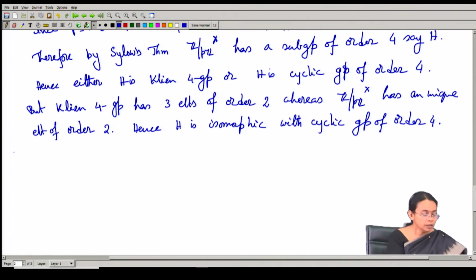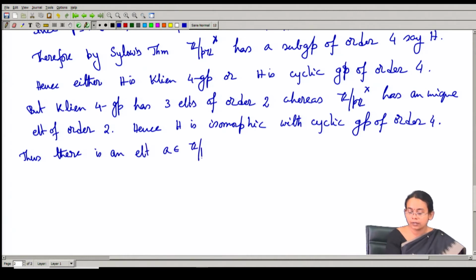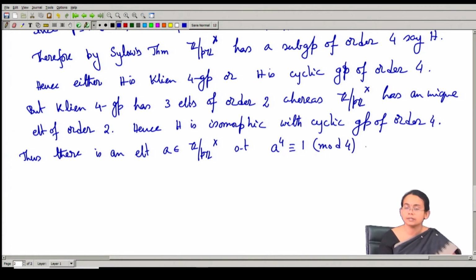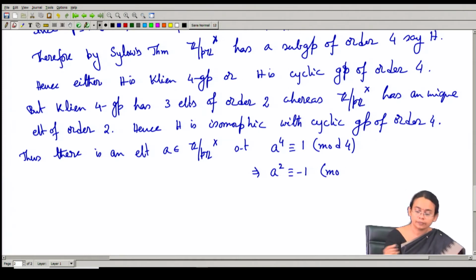Thus there is an element a in Z quotient pZ cross such that a to the power 4 is the identity. Which implies that a square is congruent to minus 1 mod p, because these elements we are choosing from Z quotient pZ cross.